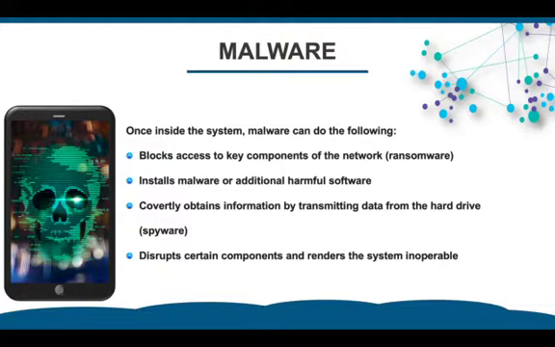So with spyware, they can obtain your personal information. They just spy on the user. They gain access to your computer hard drive, and then they transfer valuable information from your hard drive. They copy the data, and malware can also disrupt certain components and render the system inoperable.